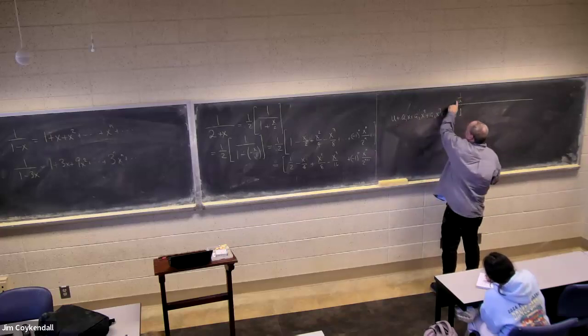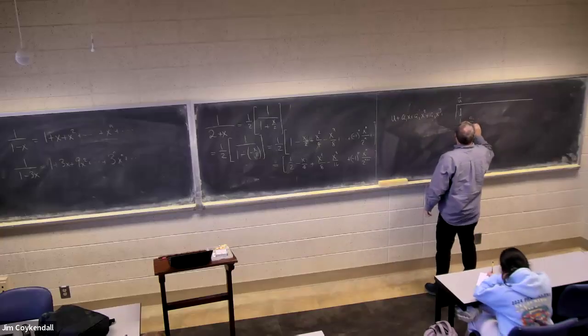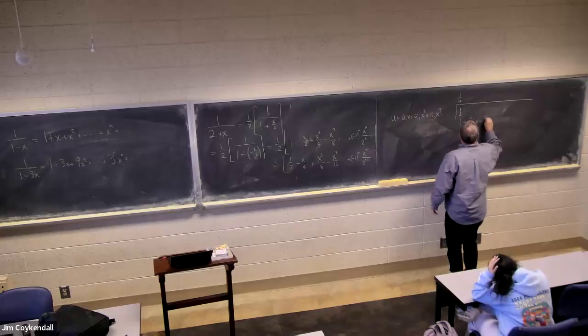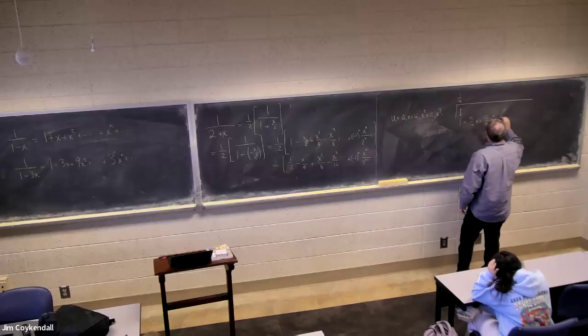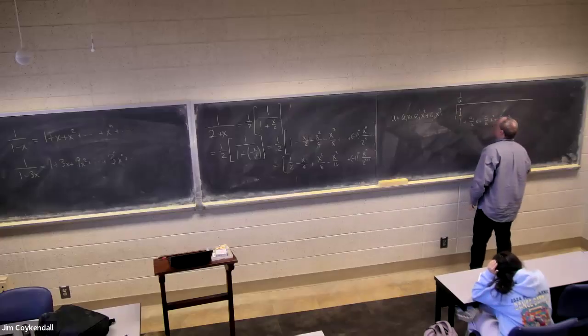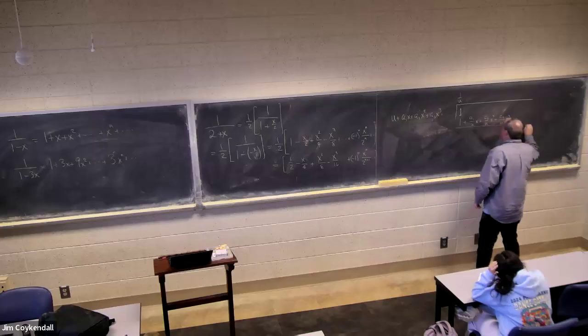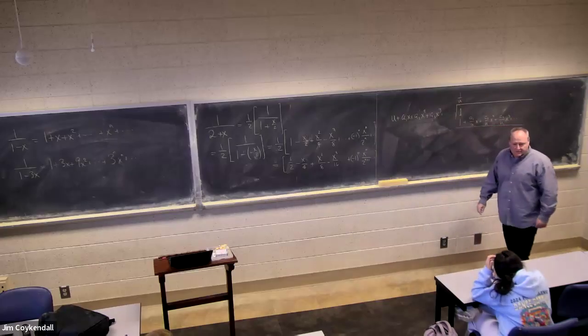The first thing I get to balance things out is 1 over u. So that's 1 plus a1 over u x plus a2 over u squared x squared plus a3 over u x cubed. My first term has to be that.